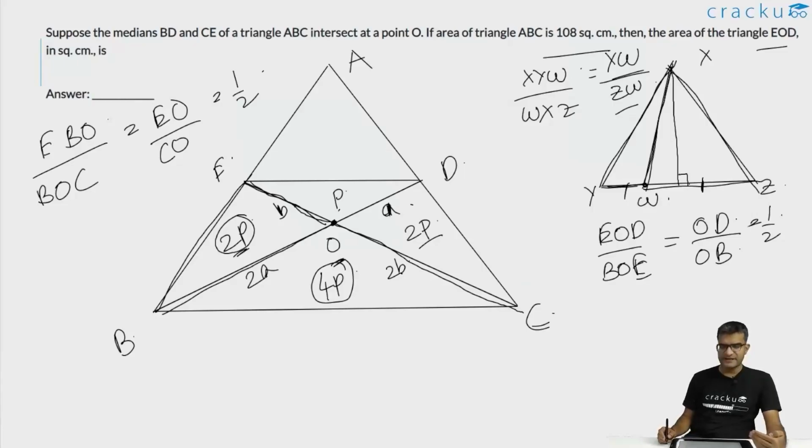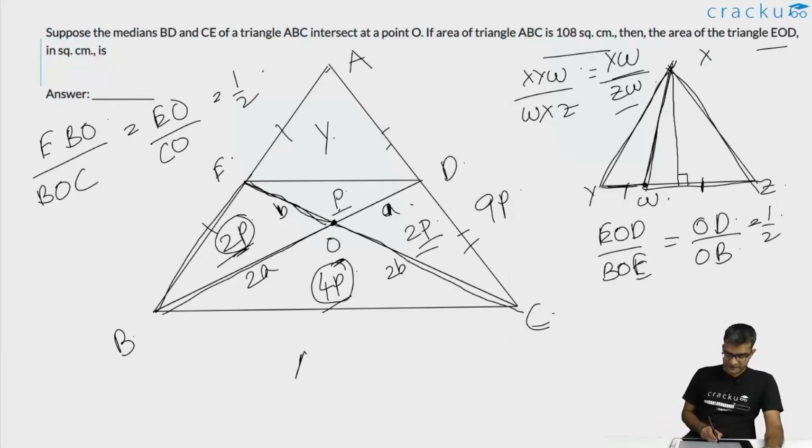Now we know that ED is dividing the sides AB and AC in the ratio equally, because these are basically the medians. So now we know that if the area of triangle AED is say y, the area of the bottom part is p plus 2p plus 4p plus 2p, this is equal to 9p.